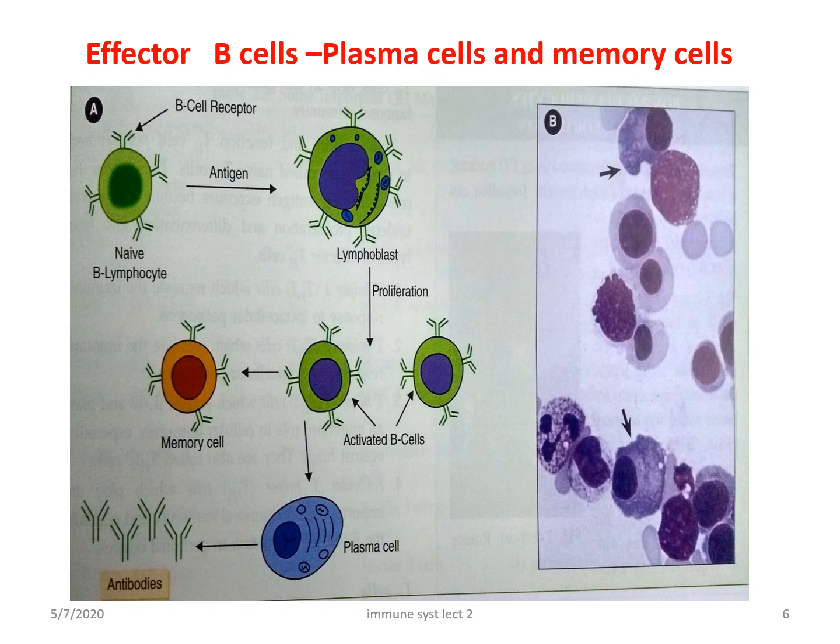And the memory cell is the cell whose receptors on the surface have got the same antigen specificity as the original antigen which activated the original naive B lymphocytes.